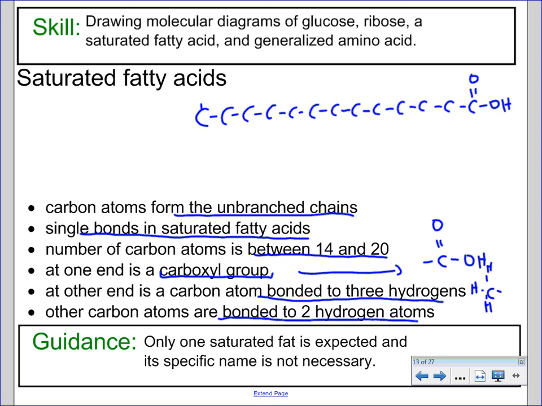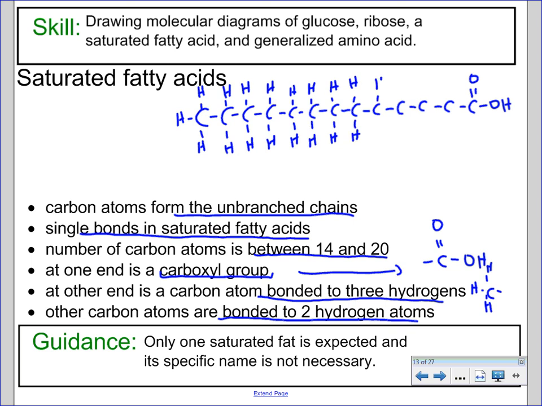The very last carbon, I would draw 3 hydrogens attached to that carbon. And then every other carbon would be bonded to 2 hydrogen atoms. And we just fill in the hydrogens for the rest of those carbons.